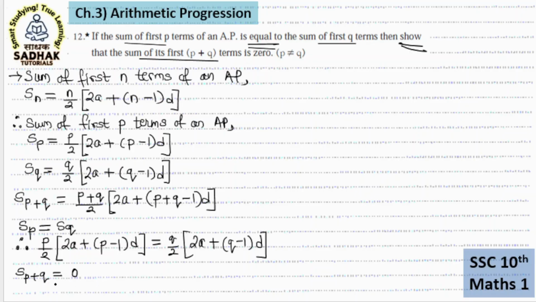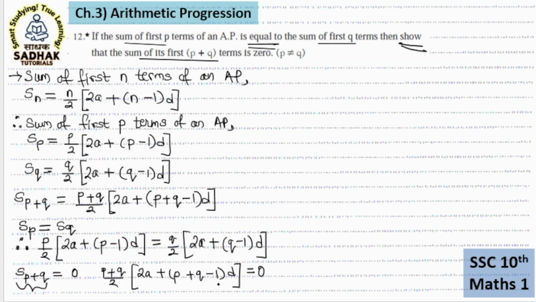And this we can write as (p plus q) upon 2 [2a plus (p plus q minus 1)d]. Okay, we have to show that this is equal to 0. So this we have to show is equal to 0.